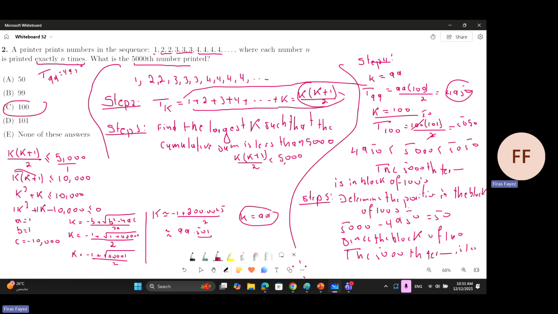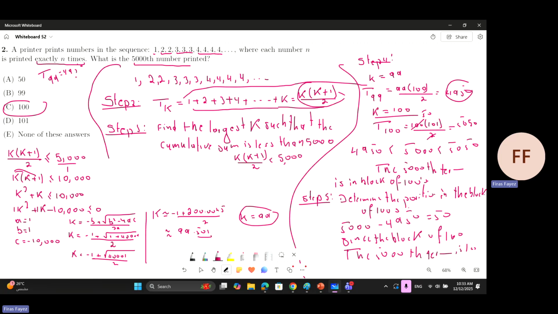T99 equal 4,950. This means the first 4,950 terms cover all the numbers from 1 up to all occurrences of 99.